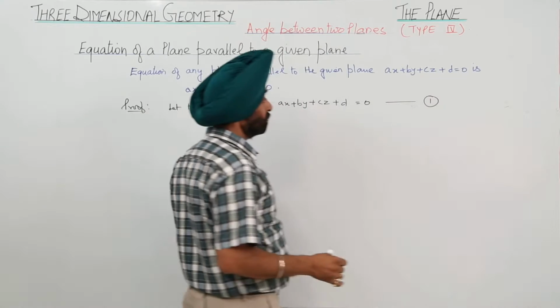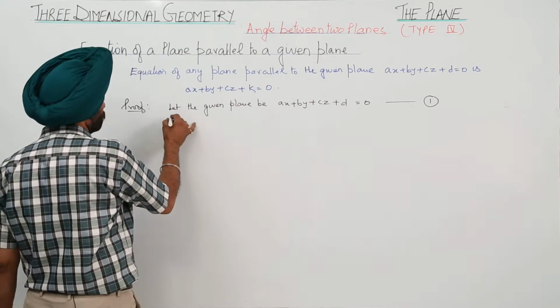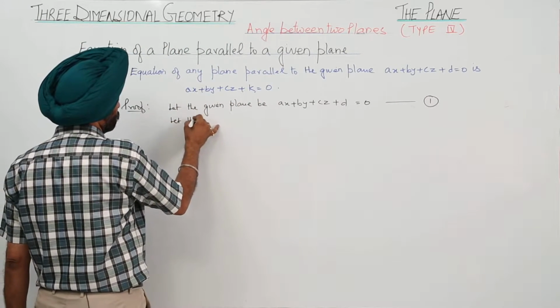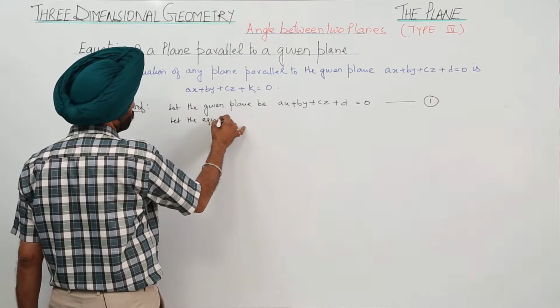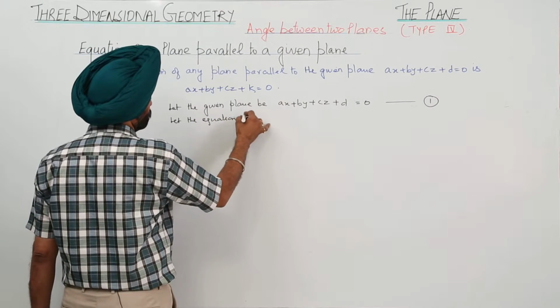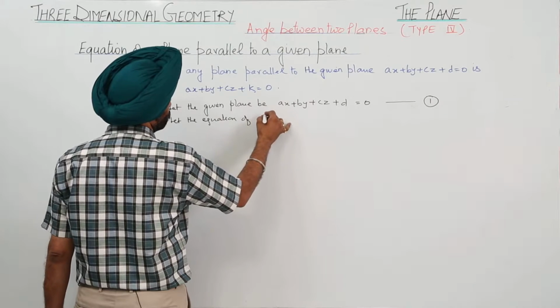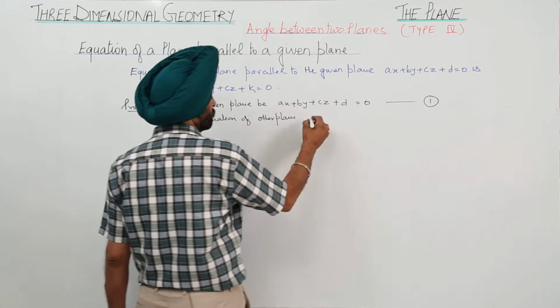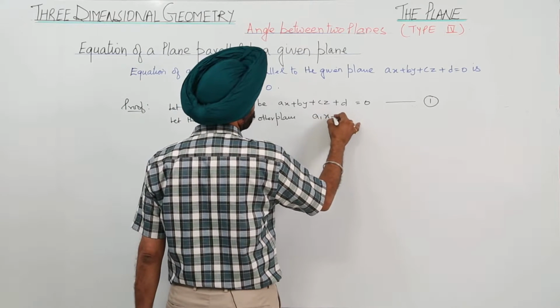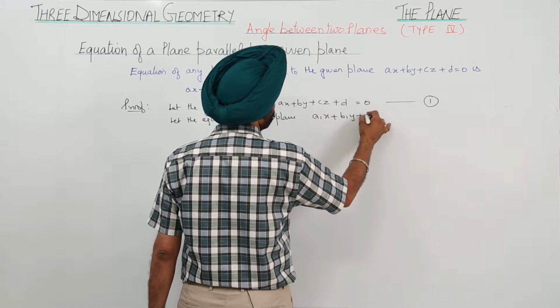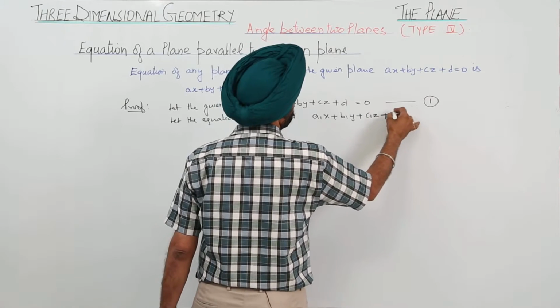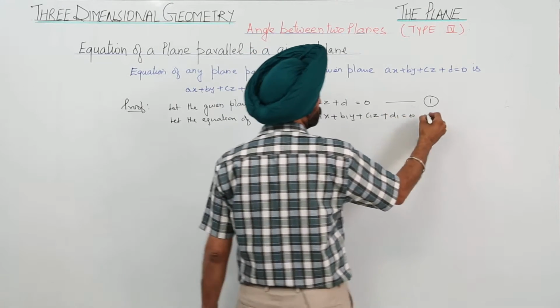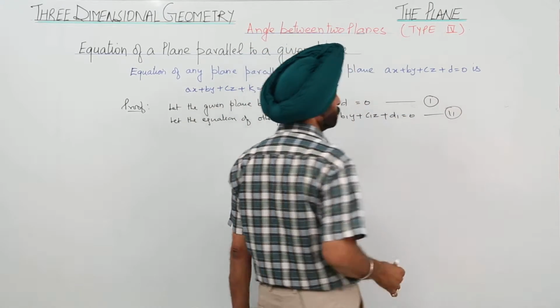Let this be equation 1, and let the equation of the other plane be a1x plus b1y plus c1z plus d1 is equal to 0. Equation 2.